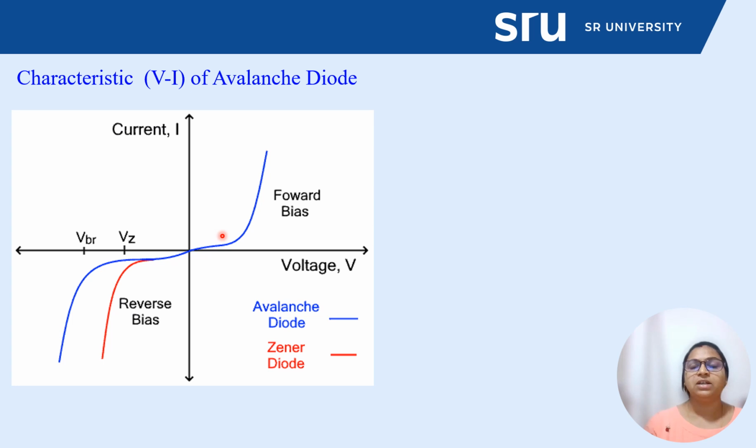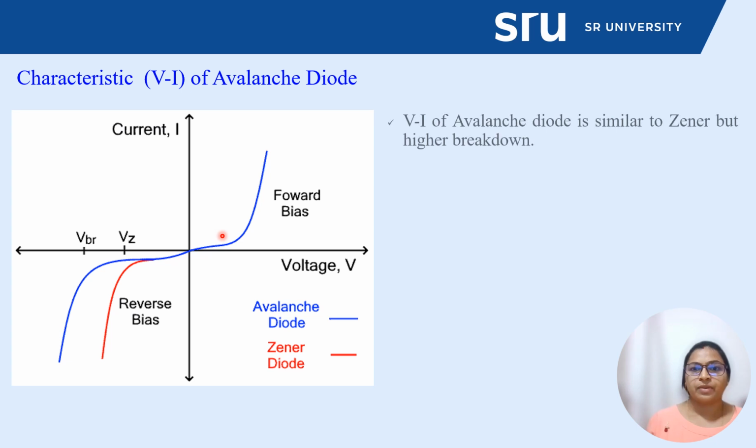As a result, the width of the depletion region is increased. Therefore the majority carriers will not carry the current. However, the minority carriers, that is free electrons in the p-type and holes in the n-type, experience a repulsive force from the external voltage.